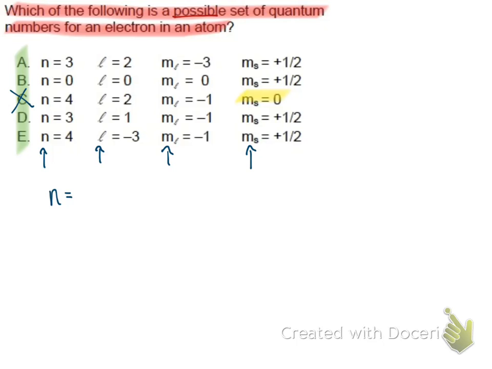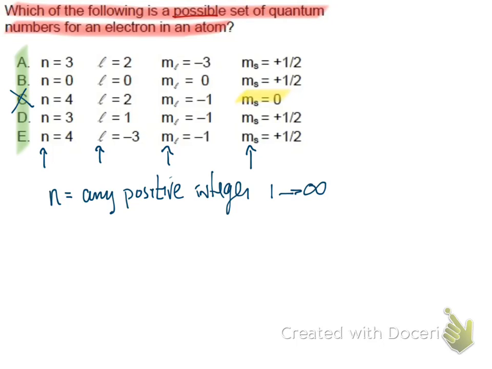So we know this. n is going to be equal to any positive integer. By this we mean basically 1 to infinity. Any of those are okay.